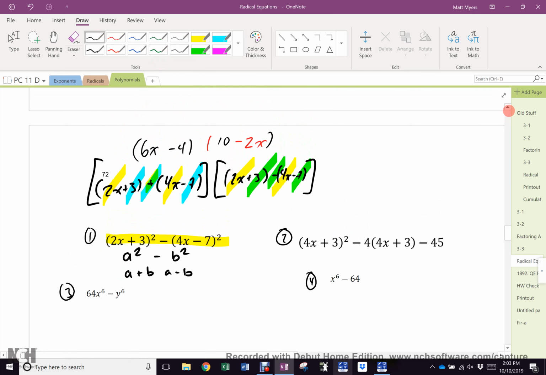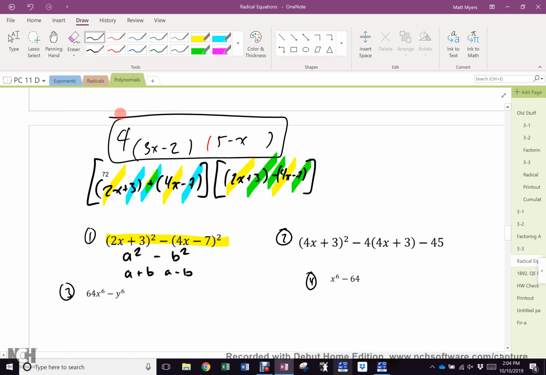Then, of course, you see, wait a minute, I can take a 2 out of there and get 3x minus 2. And I can take a 2 out of there to get 5 minus x. And then you say, if that's a factor and that's a factor, 2 times 2 must be 4. Now, some of you will have a negative 4 there. You'll have negative x plus 5. I don't care.